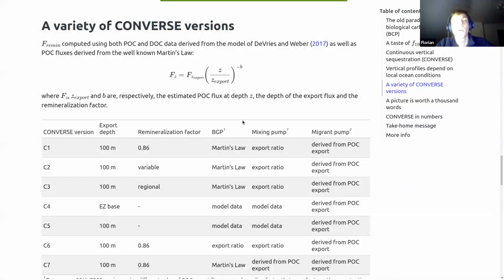And for this, we are going to use different export values, one from DeVries and Weber and one from Hansell 2012. So basically, you have 3 petagrams of carbon of export for Hansell 2012, and I think it's between 7 and 8 petagrams of carbon exported for DeVries and Weber. And we use different export depths, either 100 meters or the base of the euphotic zone, as well as different kinds of remineralization factors.